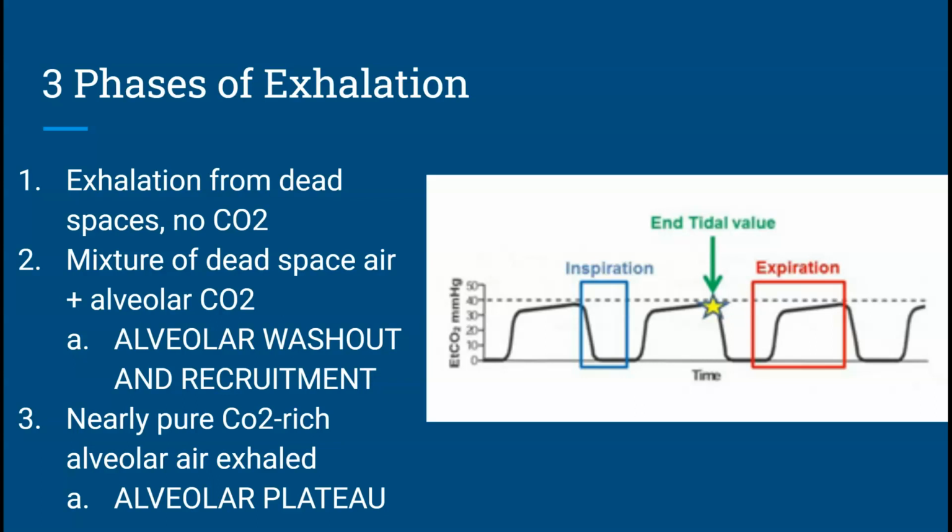And then as you start to exhale, your carbon dioxide starts to go up. There's a point in your expiration where it plateaus, right towards the end of exhalation where you're not really putting out a lot of air. You're about to take another breath in, and that very top point is considered your end tidal value. This highest number is right here at this peak.